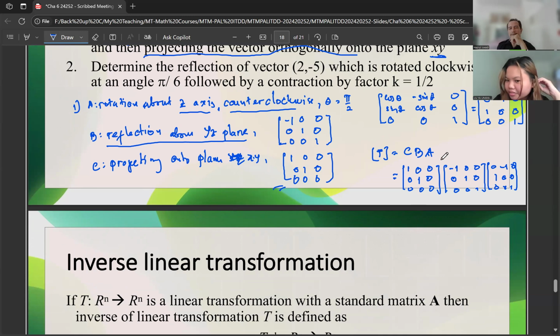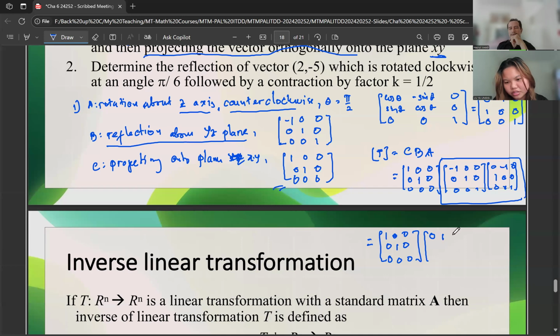For example, you multiply the first one with the second. So you will have this, 100, 010, 000, then multiply it. This is multiplied to here. First row to the first column we have 0. First row to the second column we have 1. First row to the third will be 0.